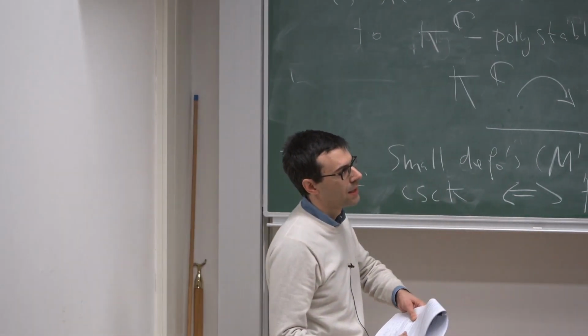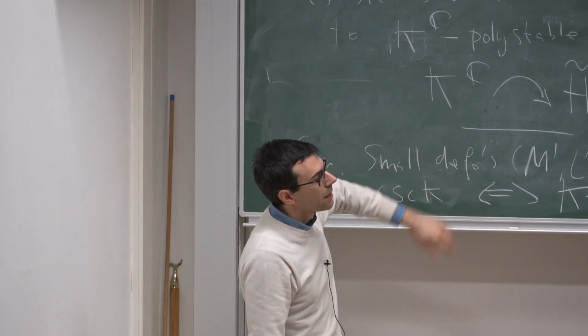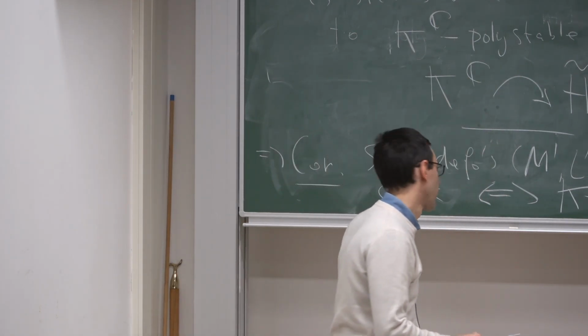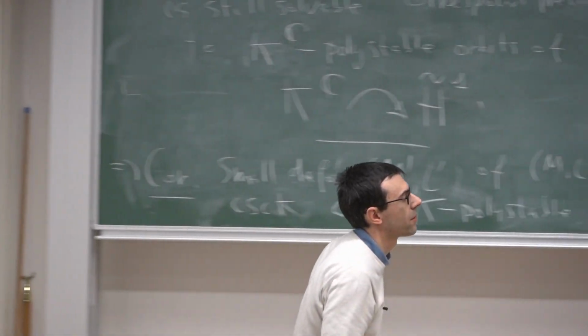So the conjecture is true at the infinitesimal level, and the proof of this fact uses very heavily this moment map picture, but does not follow easily from the moment map picture.